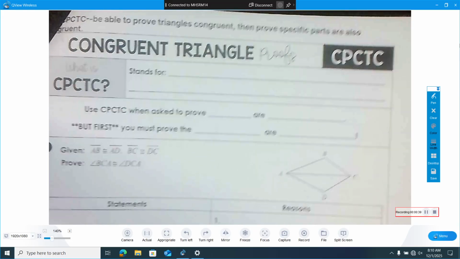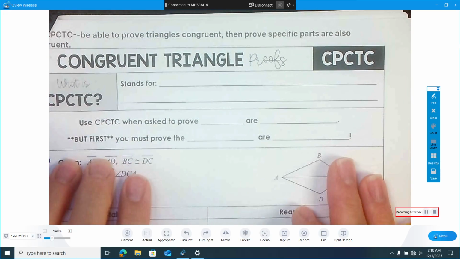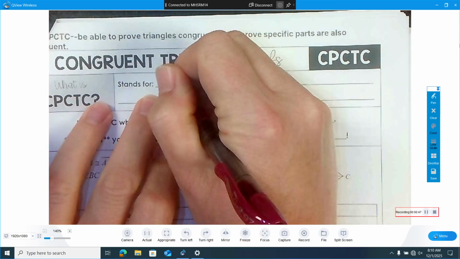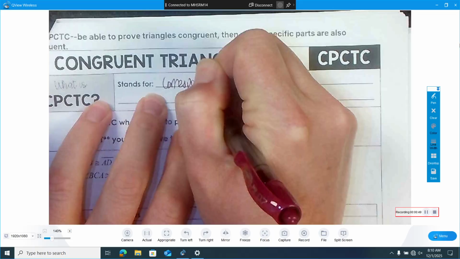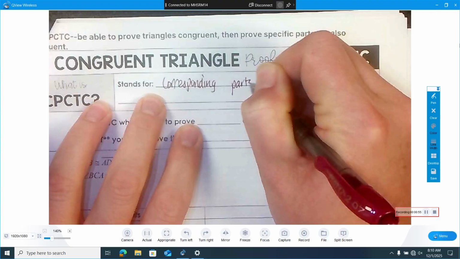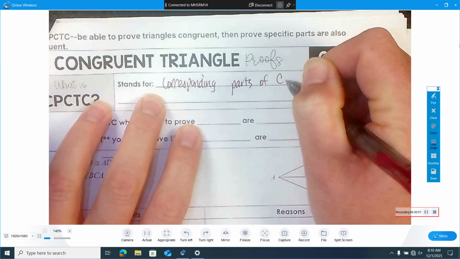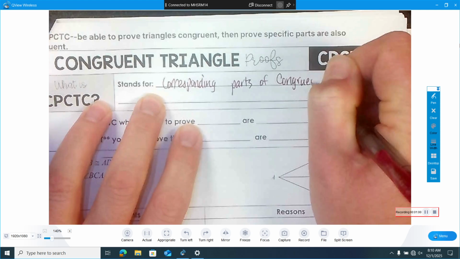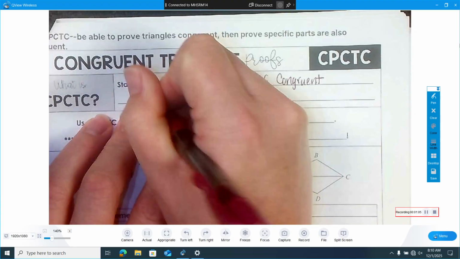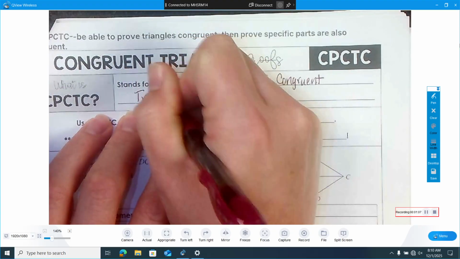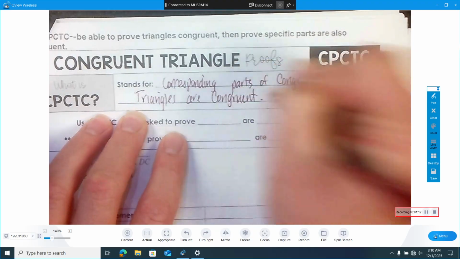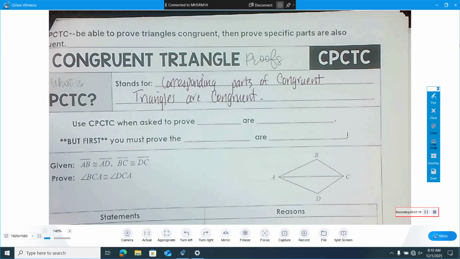So this is CPCTC, and CPCTC stands for corresponding parts of congruent triangles are congruent.